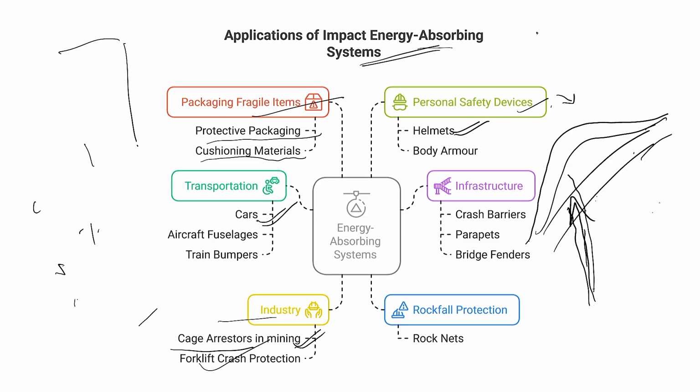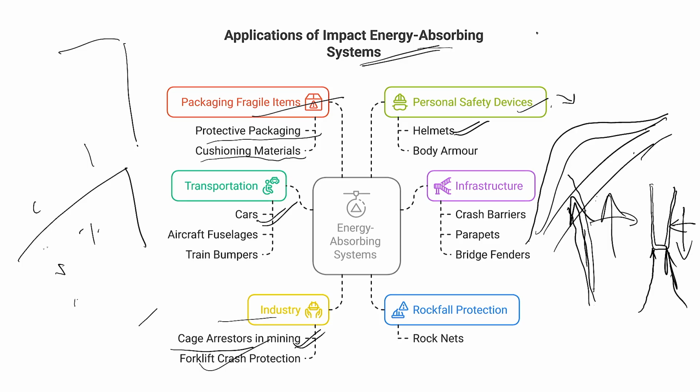Many times the crash barriers are also called median barriers. They are also between the two roads, between the ongoing and upcoming roads. There also its purpose is to save the occupant as well as the vehicles from any impact. Parapets.